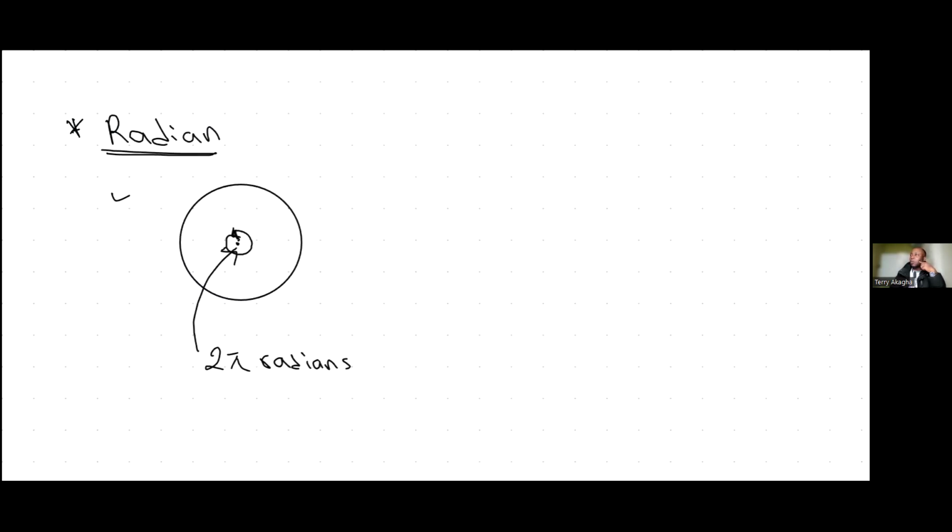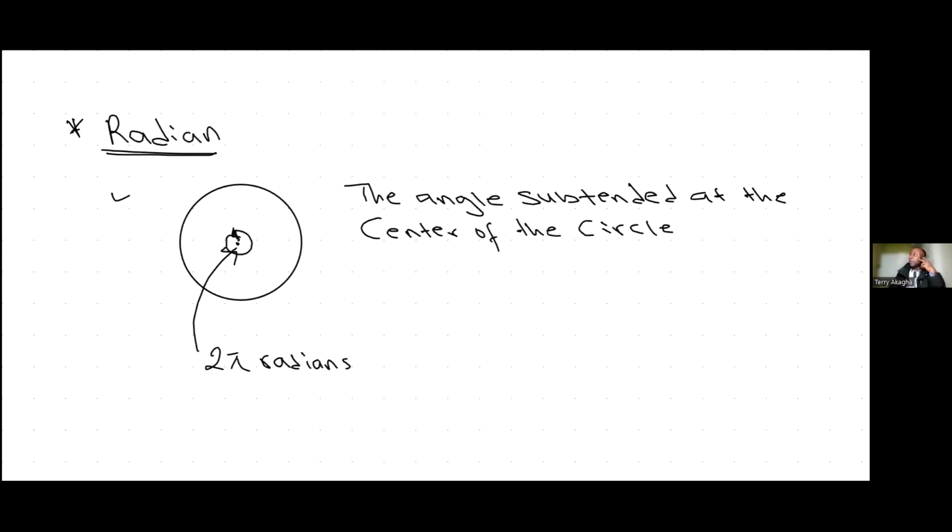So better put, you can have it like: the angle subtended at the center of a circle by the radius after one complete revolution, or let's say rotation, one complete rotation, is 2 pi radian.